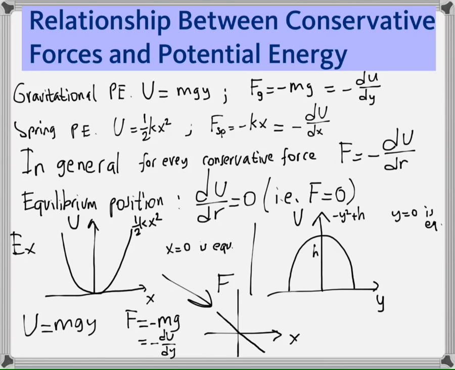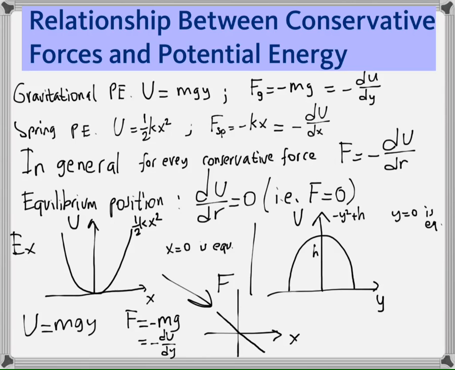So there are two kinds of equilibrium points. One is stable, the other is unstable. We can decide mathematically the type of the equilibrium point, whether it's stable or unstable. You know now how to find the equilibrium point of a given potential. Just take the derivative of the potential, equate it to 0 and solve for x.